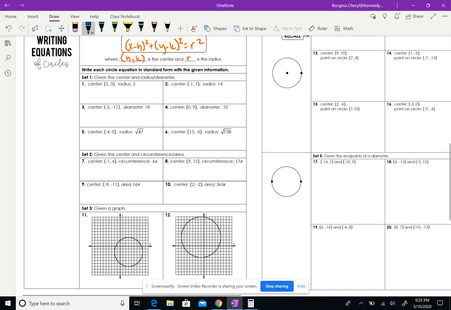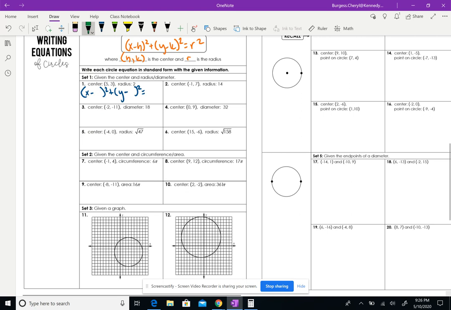So, writing it, h minus k squared plus y minus, or x minus, guys, I screwed up. So let's do x minus h squared plus y minus k squared equals radius squared.